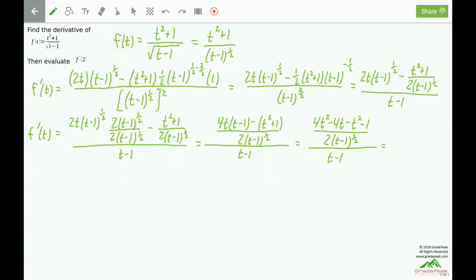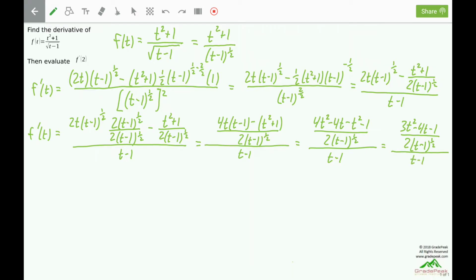Now if we combine like terms together in the numerator, I have a 4t squared and I have a minus t squared. So that will be 3t squared. I have a minus 4t and a minus 1. All of that is over 2 times t minus 1 to the 1/2, and then that entire fraction is over a t minus 1.